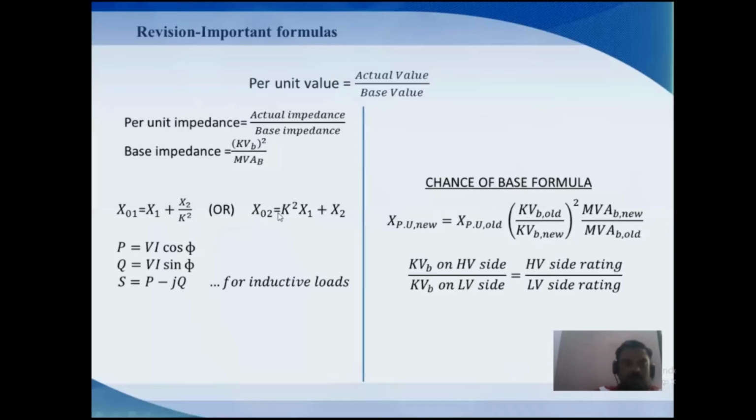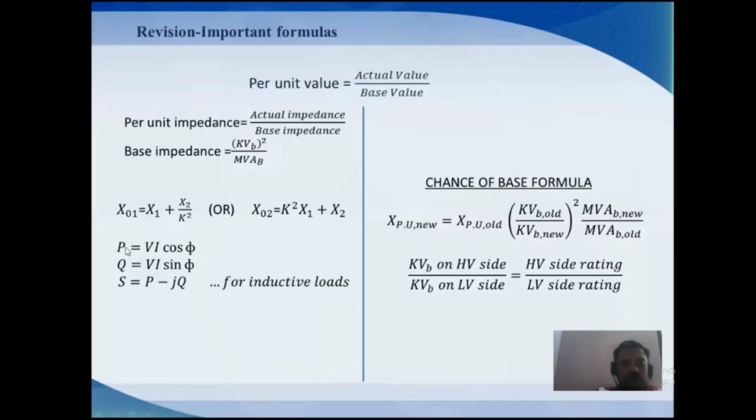By using this formula, we can transfer the impedances, reactances or resistances to any one side of the transformer and calculate the per unit value. Whether you transfer to the primary side or secondary side, you get the same value. There is no change.